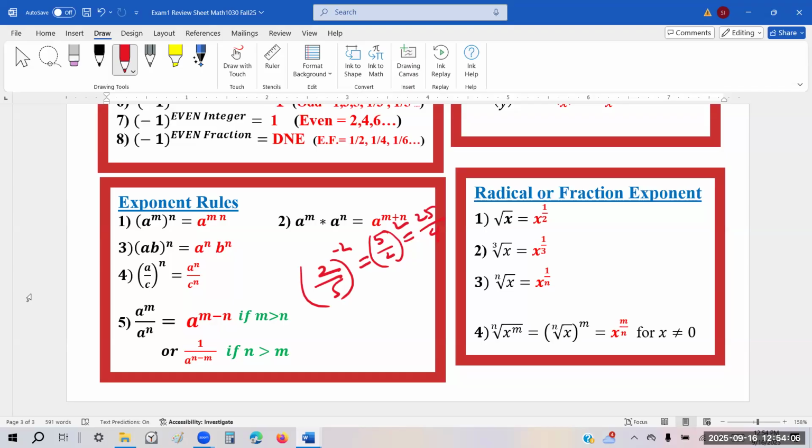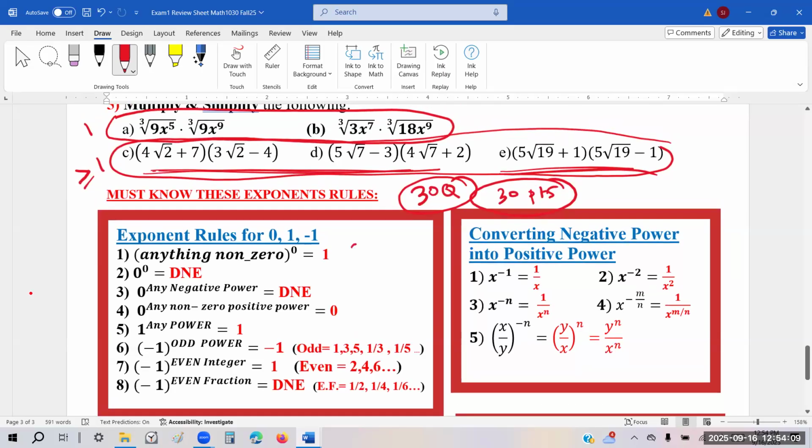Or for 0, maybe I can tell you what is 2x to the power 0. What is 2 times x to the power 0? I can tell you what is negative 1 to the power 20. What is negative 1 to the power 1/6? So what is anything not 0 to the power 0? 1. And if you have 2 times x to the 0, it's 2 times 1, because this is 1, and it's 2 times that 1, so the answer is 2 here, not 1.